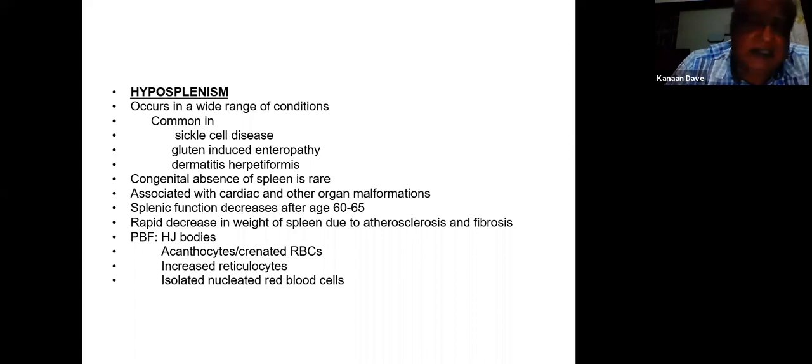So from the umbilicus to the right iliac fossa, I would call that massive splenomegaly. A few centimeters below the costal margin, say 1 or 2 centimeters to the umbilicus, that would be moderate. And mild splenomegaly is when it's less than a centimeter below the costal margin.